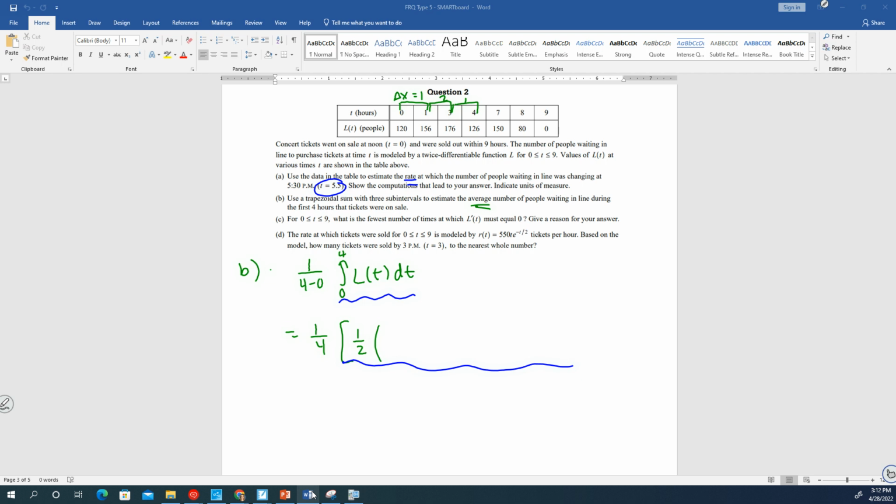All right, so for each trapezoid, think of how you find the area of a trapezoid. You take 1/2 times the height times the sum of the bases. So the height here, and my sum of the bases. Okay, next one has a height, if you will, of 2, sum of those bases.